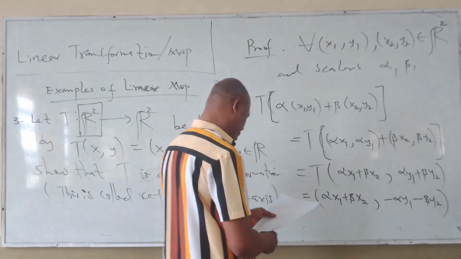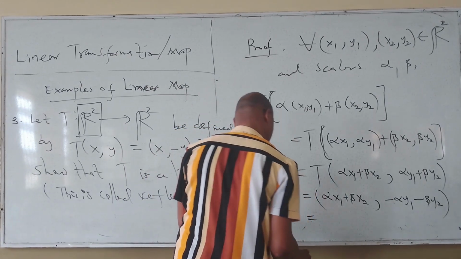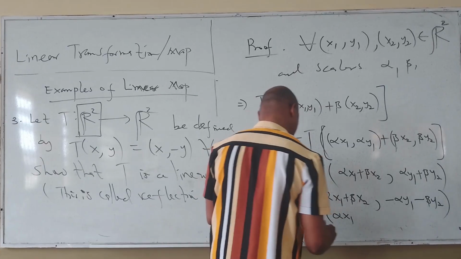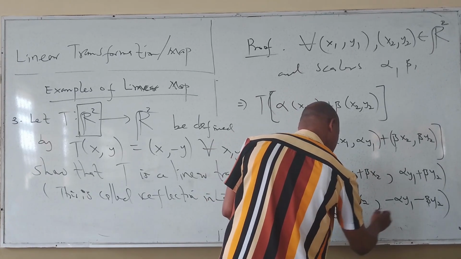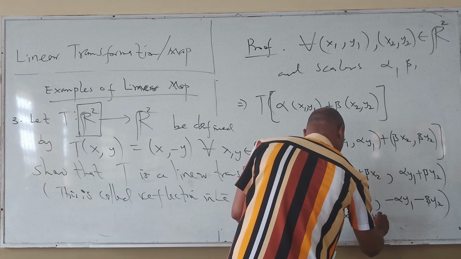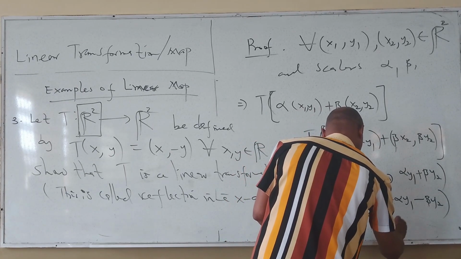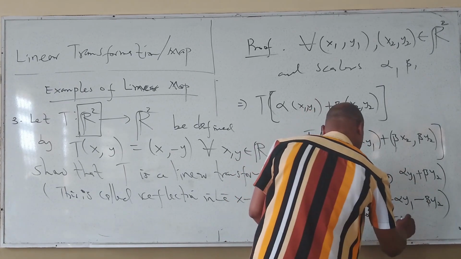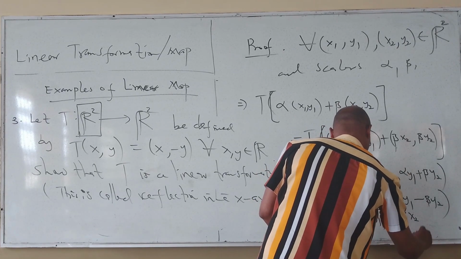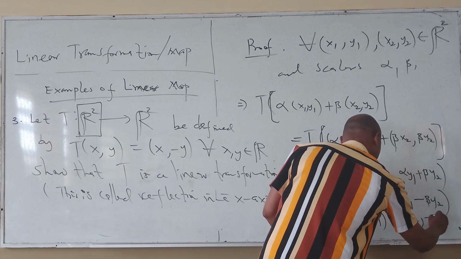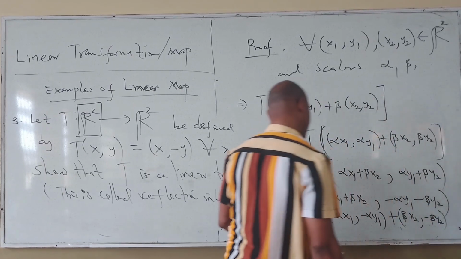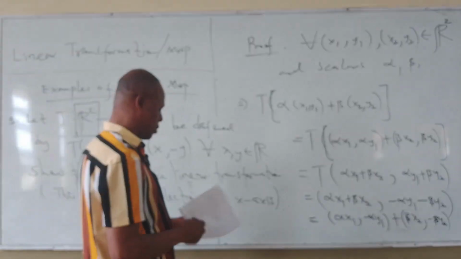So you realize that by so doing, this would be bracket alpha x1, comma negative alpha y1, then plus beta x2, comma negative beta y2. That's true.